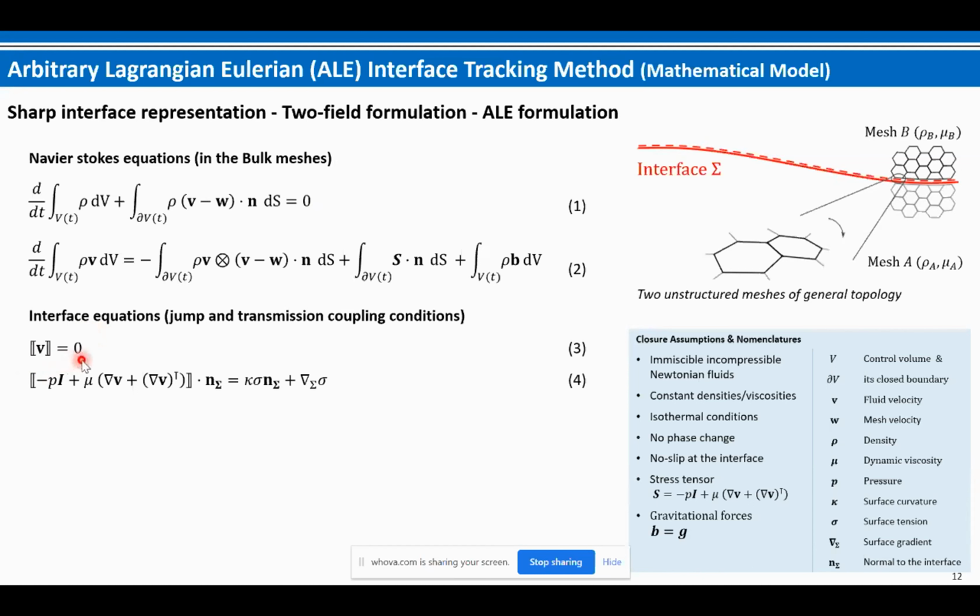For velocity, there is actually no jump; the velocity is the same at both sides of the interface. The momentum flux is equal to the surface tension forces and the Marangoni effect. And there is an additional equation to be satisfied, which is the space conservation law, which ensures that the volume and mass are conserved during this motion.